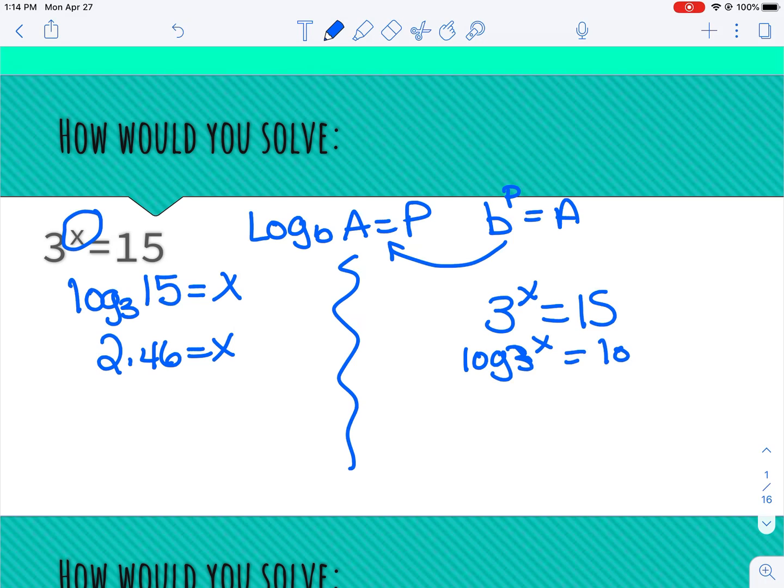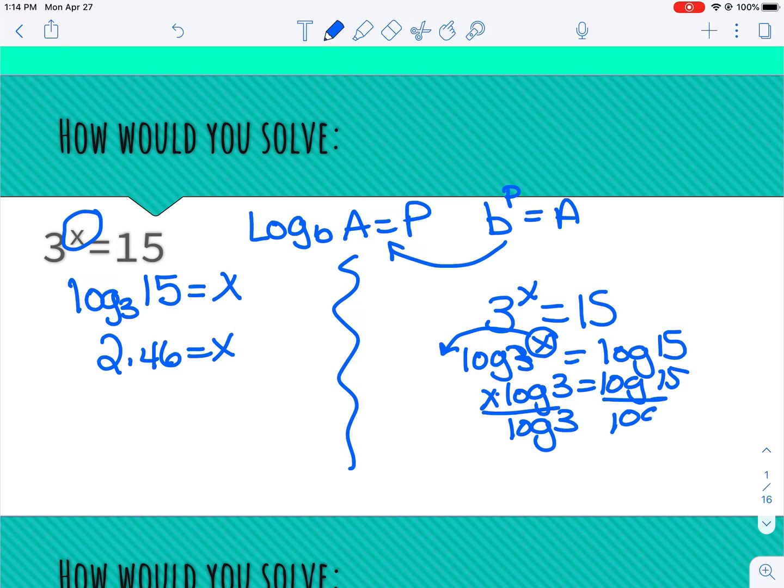I'm going to start by doing the opposite of the exponent, which is a log, to both sides. According to the properties we did yesterday, when you have a power, it gets written out front and multiplied. The last step is, since this is x times that, I would divide this over.